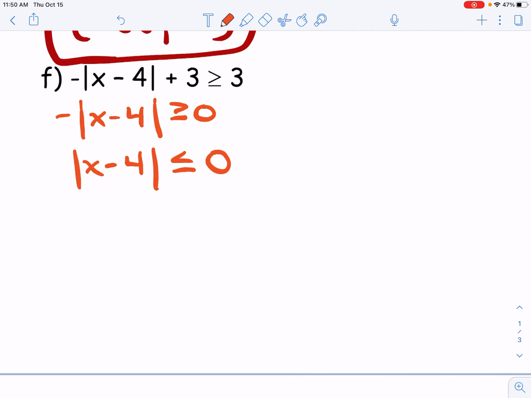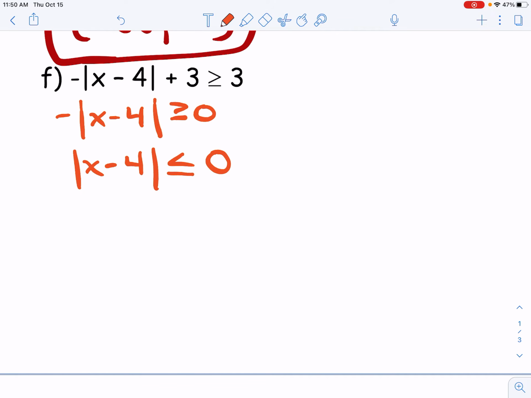So let's think about this case. It says, where is the absolute value of x minus 4 less than or equal to 0? If that had been our problem, where is the absolute value less than 0, that would have been nowhere, right? Our absolute value is never going to be less than 0, because that means it would be negative, and that's not true.